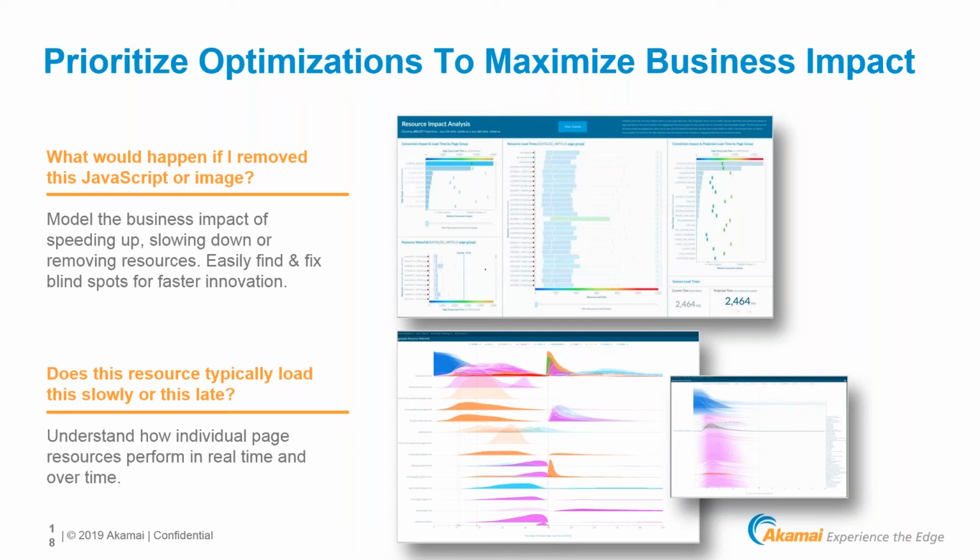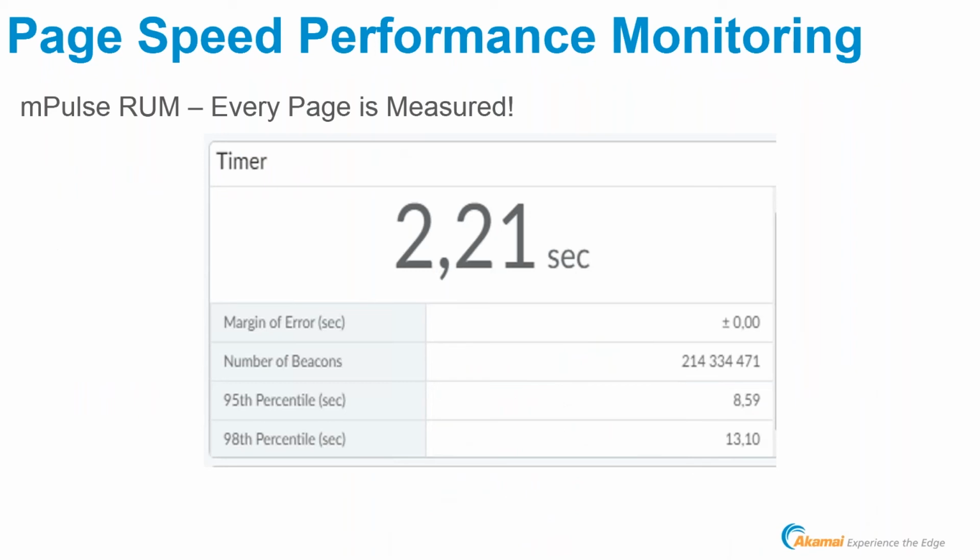Yeah, so we're using mPulse and measure, using the APIs in the browsers, the page load of every page on the site. We started out measuring on a high level. Number of beacons means number of page loads, basically.